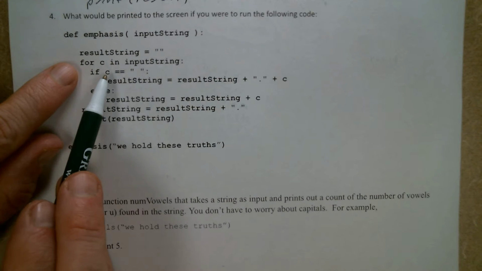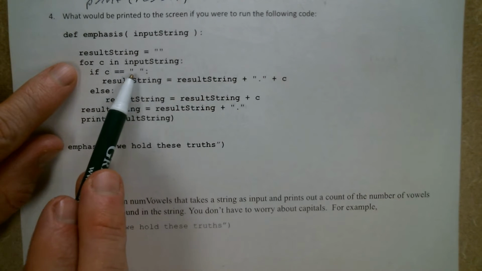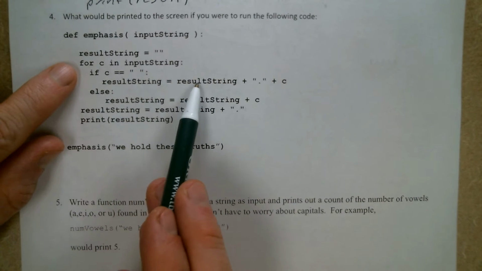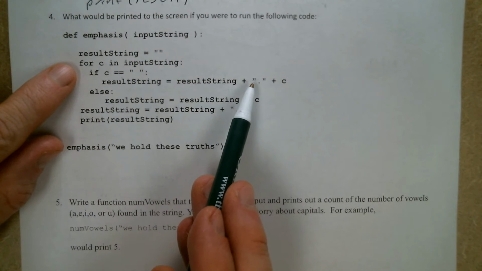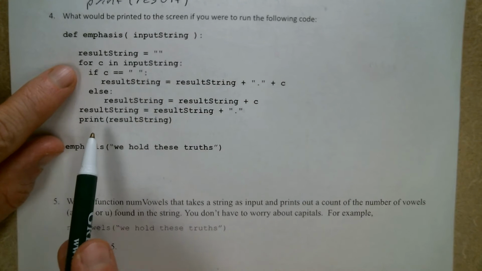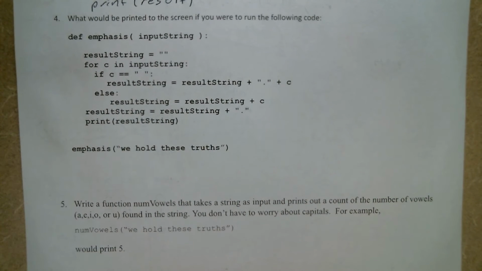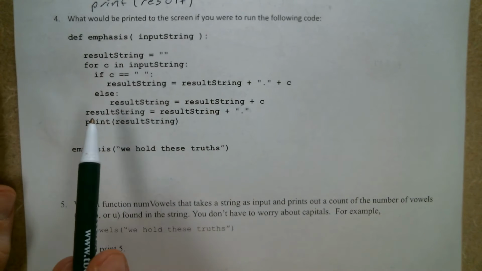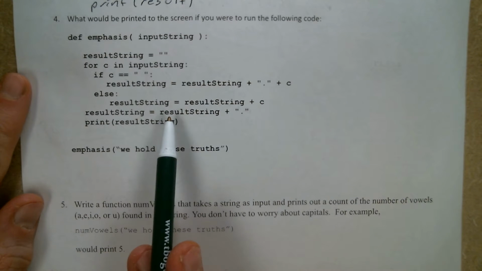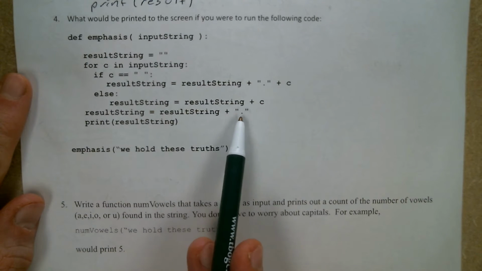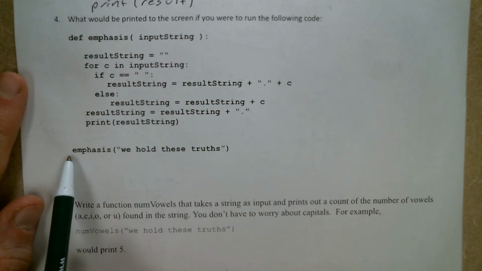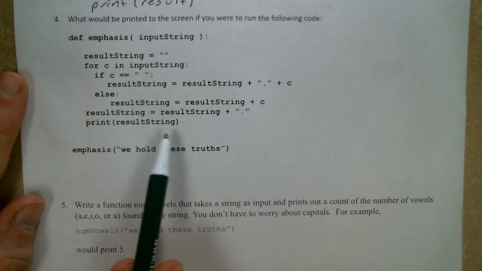So we're saying if the character equals a space, we're going to build up our string, but we're going to start with a period and then add the character, which we already know is a space because it's right here. Else, result string equals result string plus C. Then when the loop is over, we're adding a period to the end of whatever we got at the very end, and then we're printing result string. So here is us calling it with this string right here.